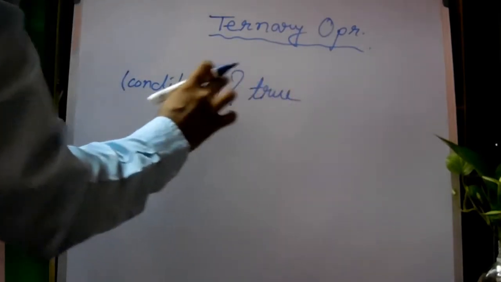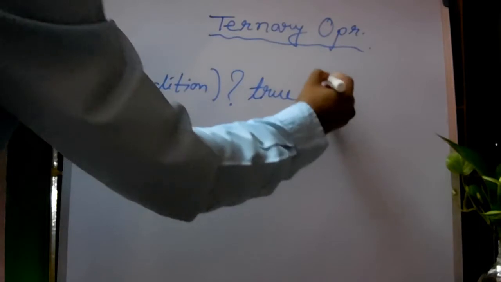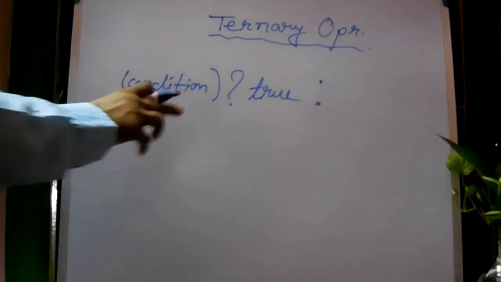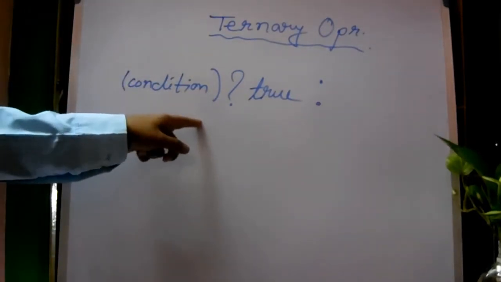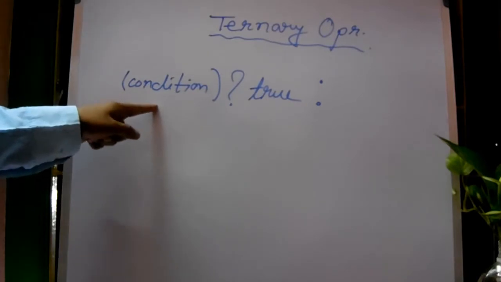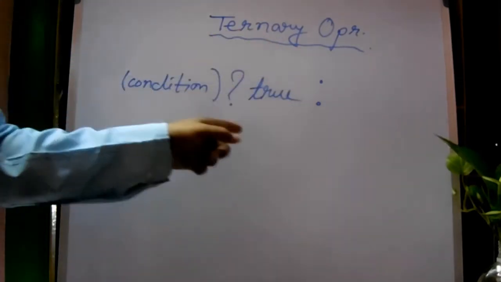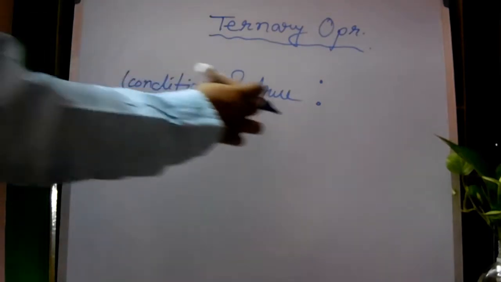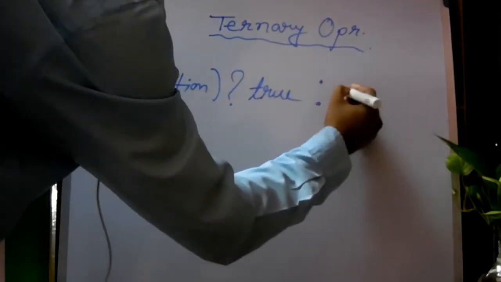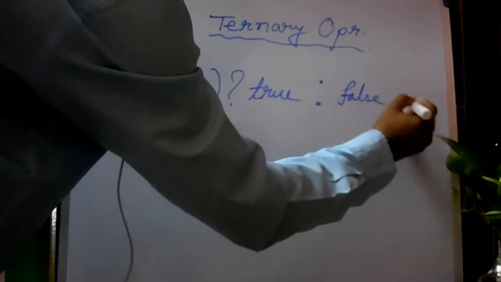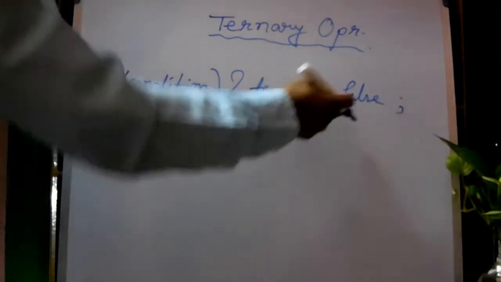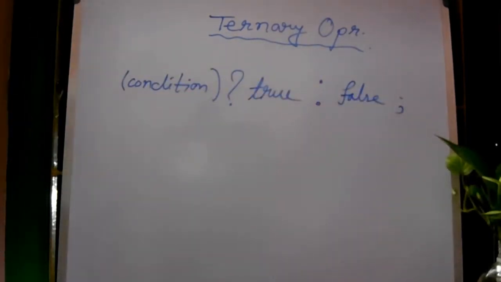If this condition returns true, then the part after the question mark, the true part, is used. Otherwise, followed by a colon comes the false part, and after that we put the semicolon. In between there will be no semicolon, remember.